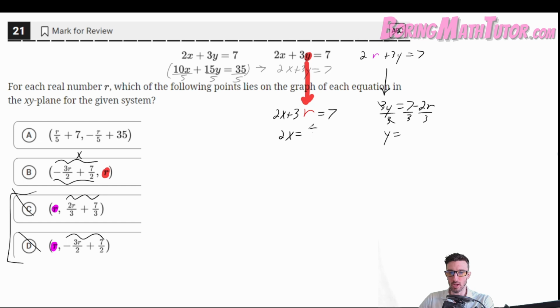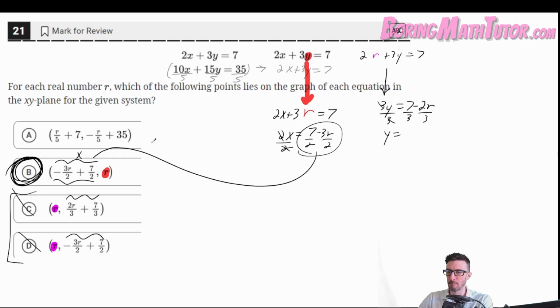So that would mean 2x equals 7 minus 3r, divide everything by 2. And do I get something that is the same right there, 7 over 2 and a minus 3r over 2? That's our guy right there. So if you replace your y with r, then your x can be that.